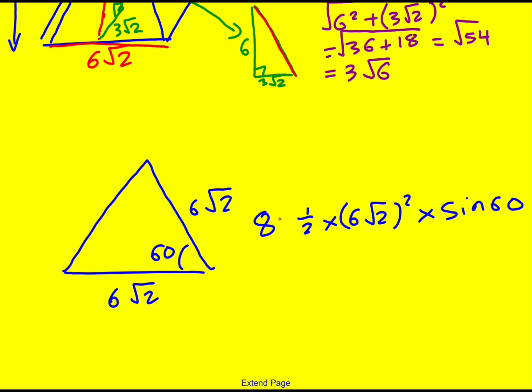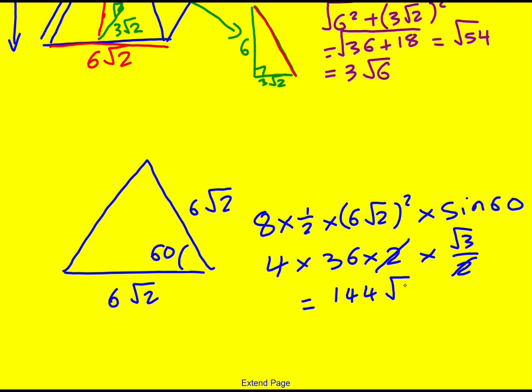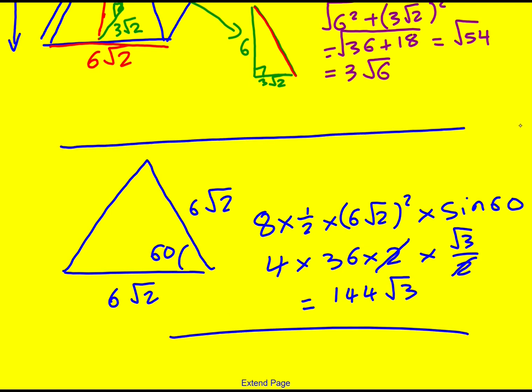And then because I've got 8 of them, just times by 8. This is going to become 4 times 36 times 2 times root 3 over 2. Cancel that out. Again, we get 144 root 3. That is a nice way to do it, if you can see it.